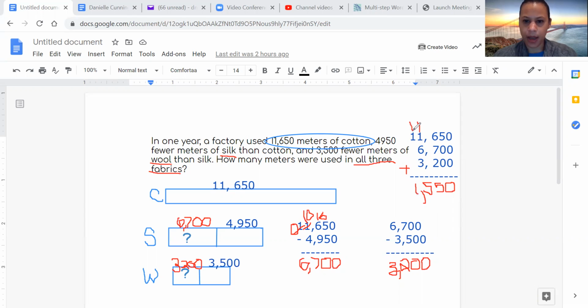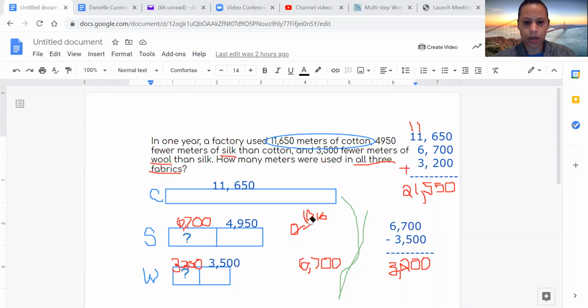Carry that 1 on top. And you have 2. So that right there lets you know when we needed to figure out this whole problem. You see that the whole of all of this is 21,550. So that's the total for that.